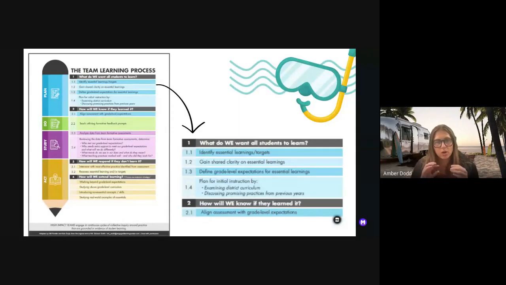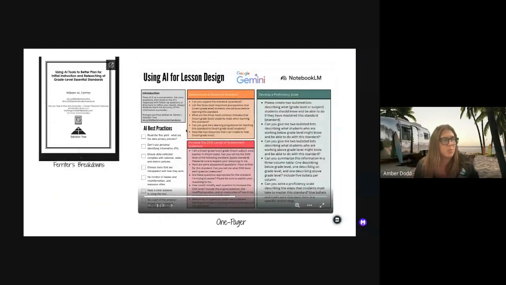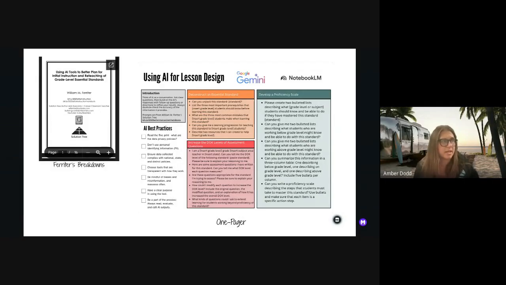So when we are using AI as teachers, we should really look at what we are doing with it. Here are some ways we can think about using AI for lesson design. This was taken from the RTI conference, and if you want the full breakdown, it's a 16-page document.